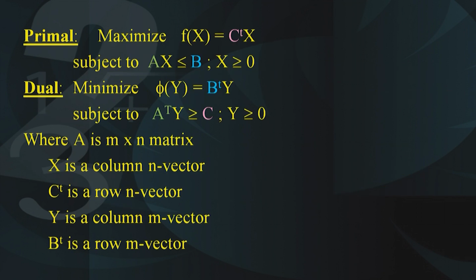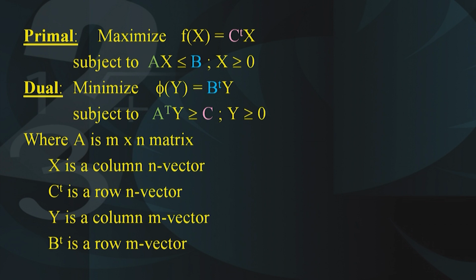Now, let us look at the same thing in the vector notation. In the vector notation, the primal can be written as maximization of f of x, which is equal to C transpose x, subject to Ax less than or equal to b and x greater than or equal to 0.